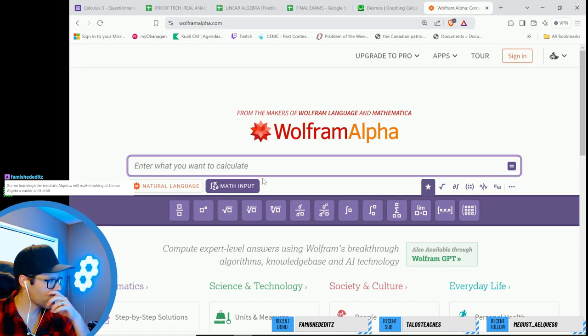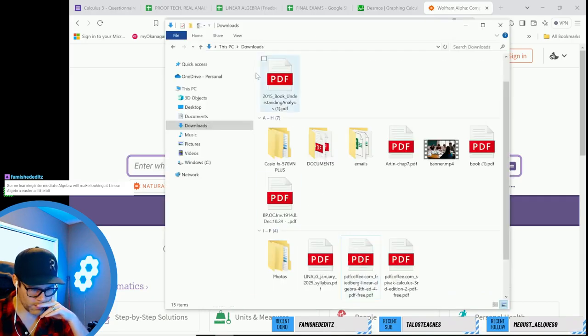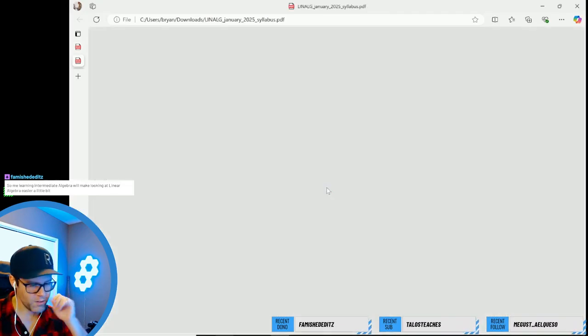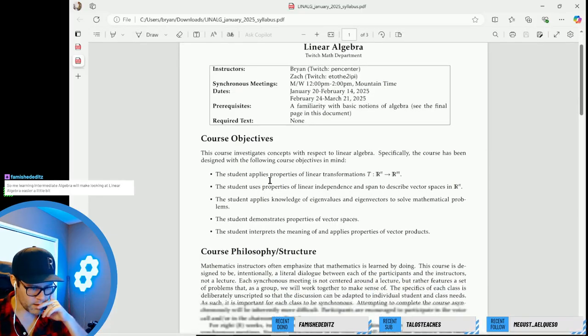Yeah, you learning intermediate algebra will definitely make linear algebra very much easier. I'm trying to remember what the scope is for... We have the syllabus here, we just haven't posted it yet. So what are we hoping to do?